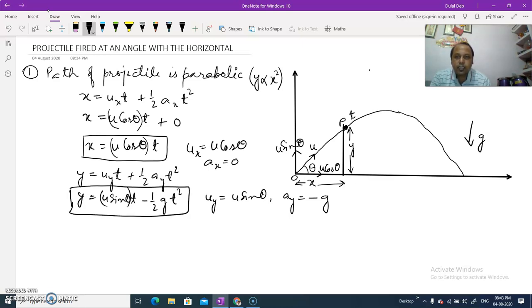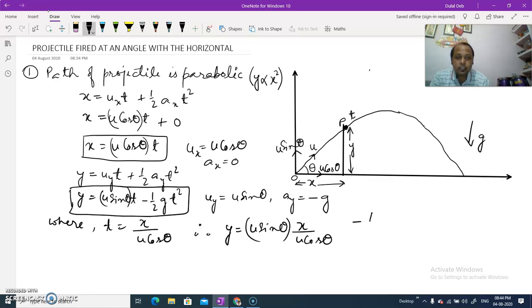Now from the equation for x we can write the value of t as x by u cos theta. So y can be written as u sin theta into x by u cos theta, minus 1 by 2 g into t square, where t is x by u cos theta, so x square by u square cos square theta.